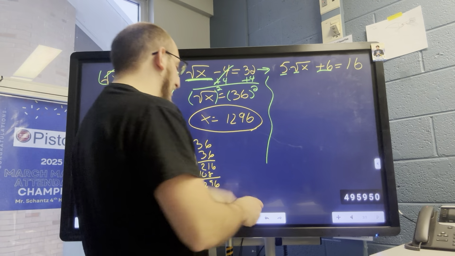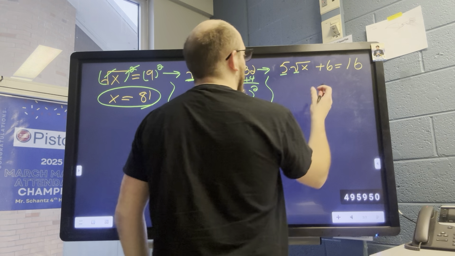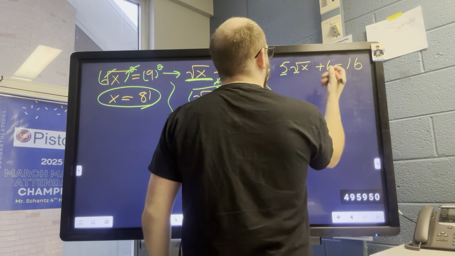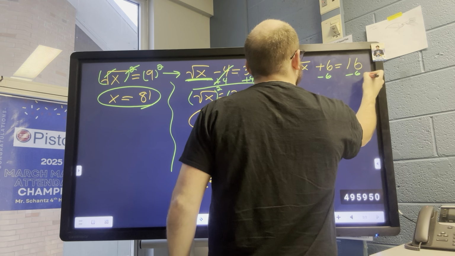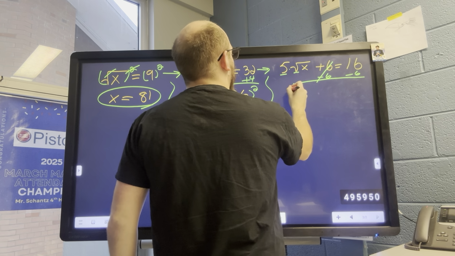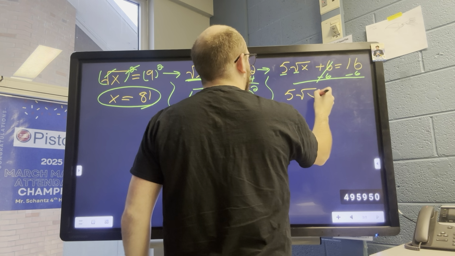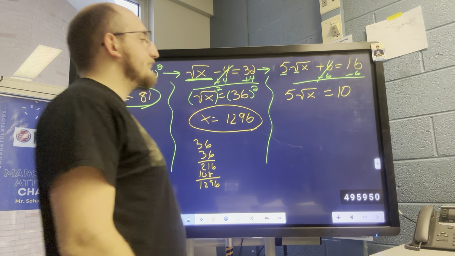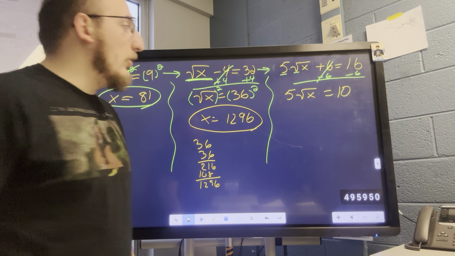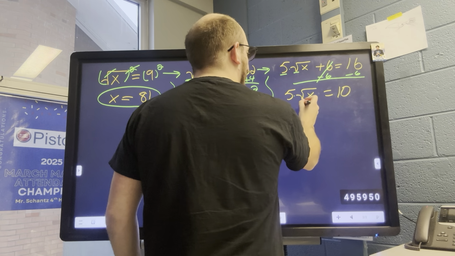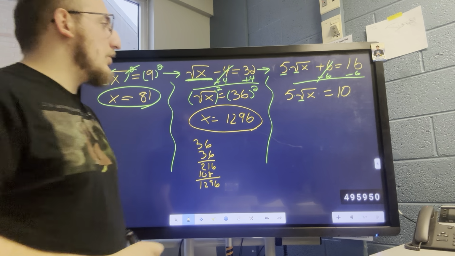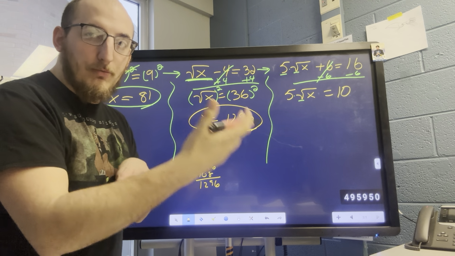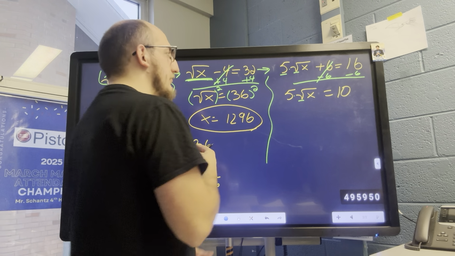So, we've got to get rid of this plus 6. How might we do that? Why don't we subtract it off both sides? So we get 5 square root x equals 16 minus 6, which is 10. Same thing as before. We have a multiplication problem and we have a square root problem. Well, we've got to undo multiplication before square roots.